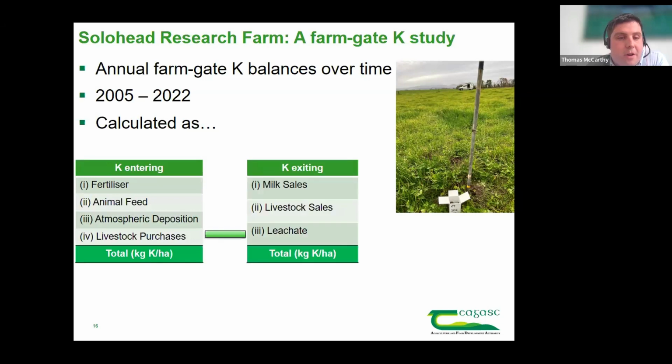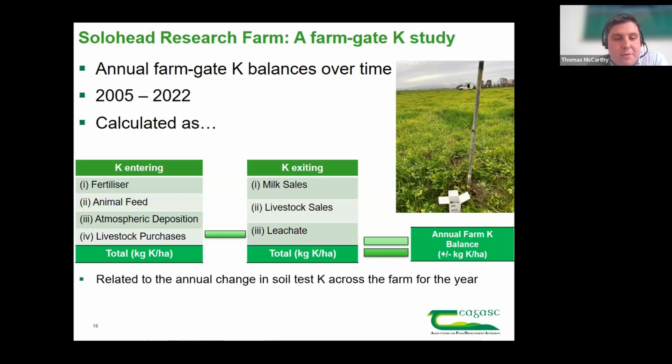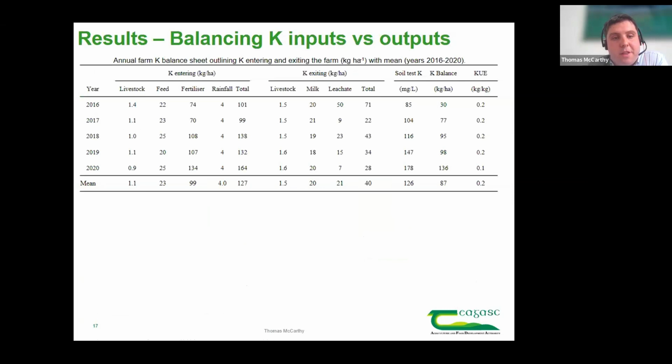Then I got the sum of all the K that exits the farm. So that would be the K in your milk sales, livestock sales, and then K lost to leachate in groundwater. The balance then would be taking the entering from the exiting and resulting in a balance for potassium per hectare per year. And this is then related to the annual change in soil test K across the farm for the year.